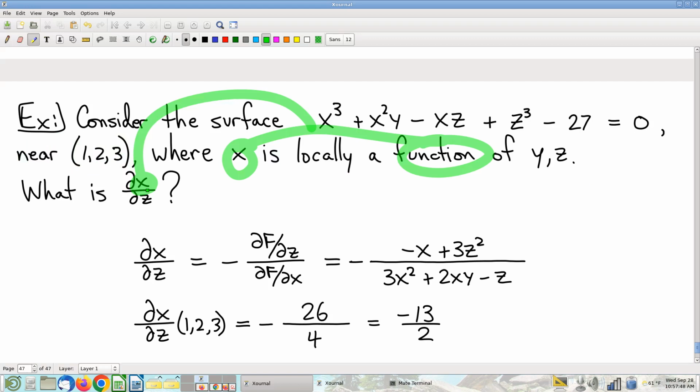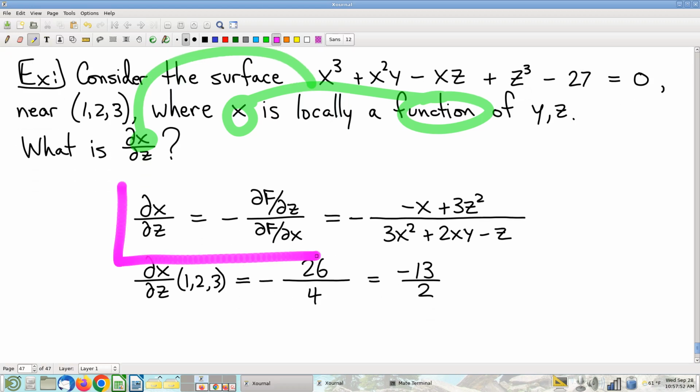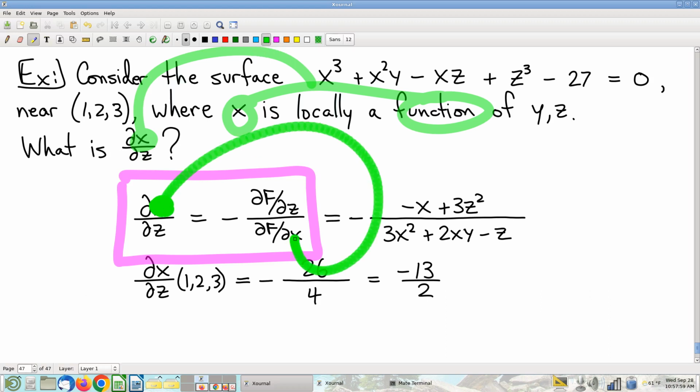So the first thing that I do is I write down the formula. Now this is just a rip-off of the formula from the previous page. Notice that the thing that I want to take the partial of goes where, again, the fractional interpretation, math crime, right, would suggest it would be. And then the thing that I want to take the partial with respect to, we put it where, again, it would seem like it should go.